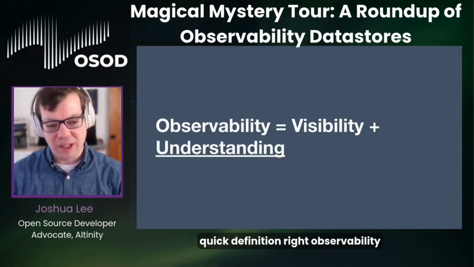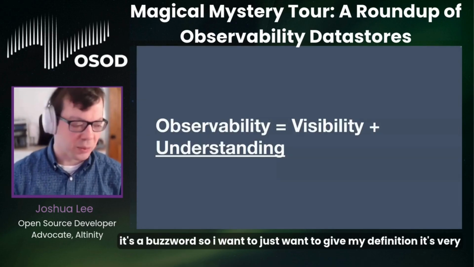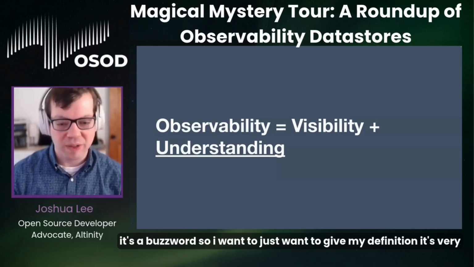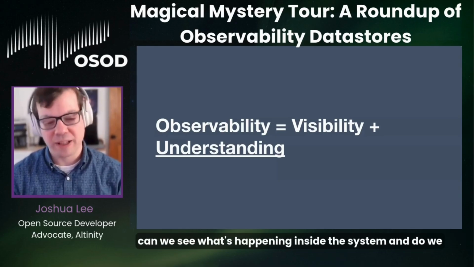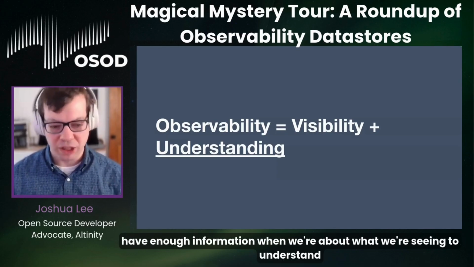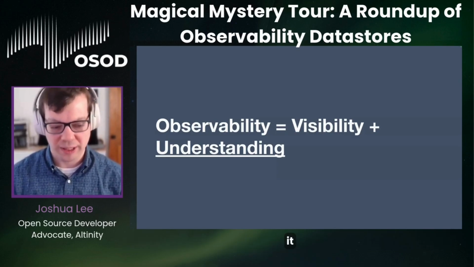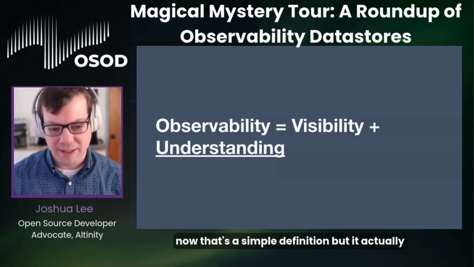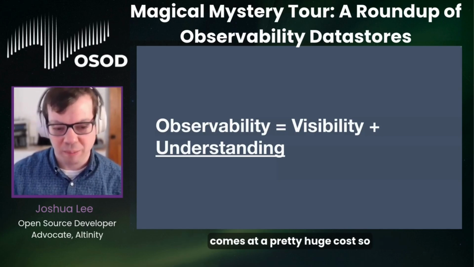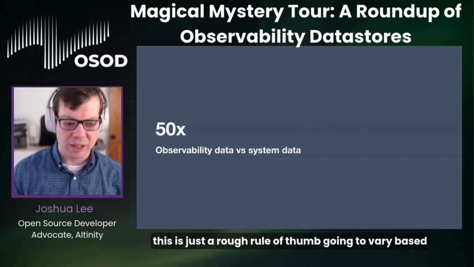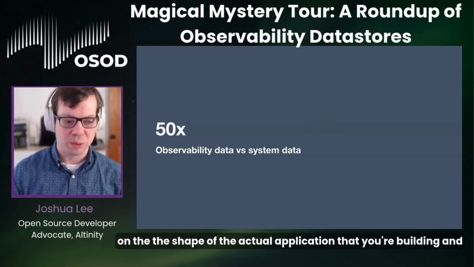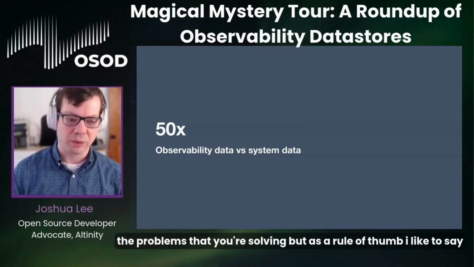So, a quick definition. Observability is a buzzword, so I just want to give my definition. It's very, very simple: it's visibility plus understanding. Can we see what's happening inside the system? And do we have enough information about what we're seeing to understand it? That's a simple definition, but it actually comes at a pretty huge cost. This is just a rough rule of thumb, and it's going to vary based on the shape of the actual application that you're building and the problems that you're solving.